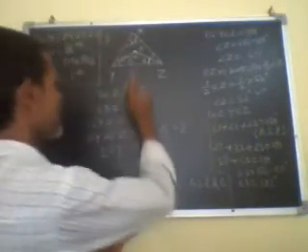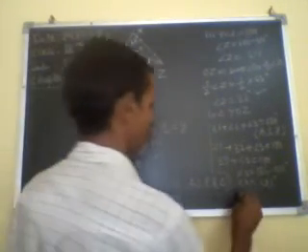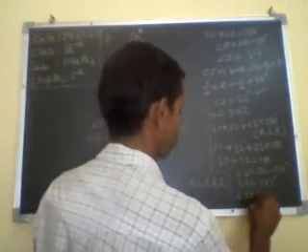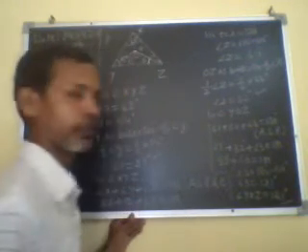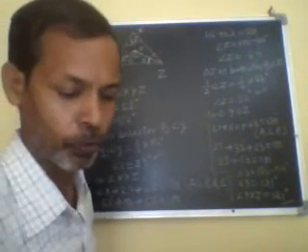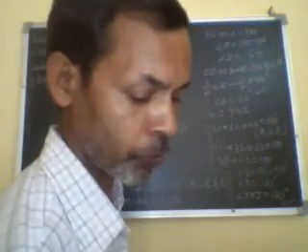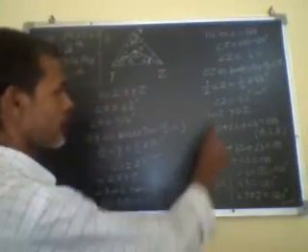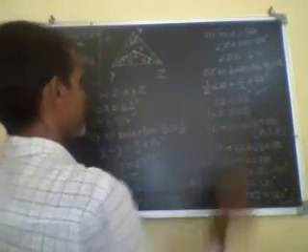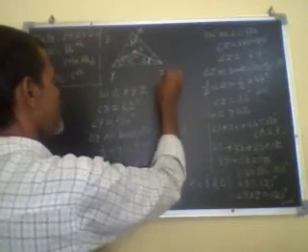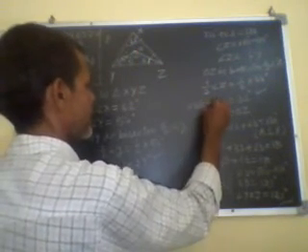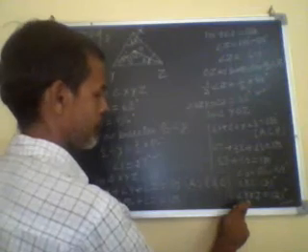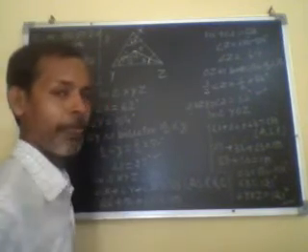And angle 3 means YOZ. So angle YOZ is equal to 121 degrees. This is the solution. So in question 2 we have to find only two angles. One is angle 2, that is OZY, and the second one is angle YOZ.